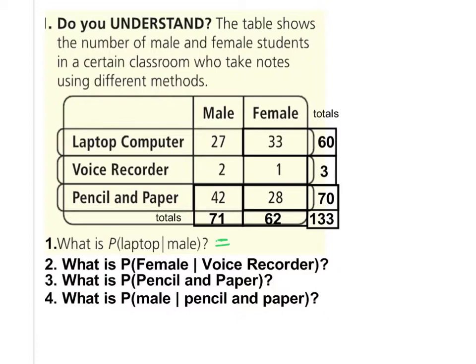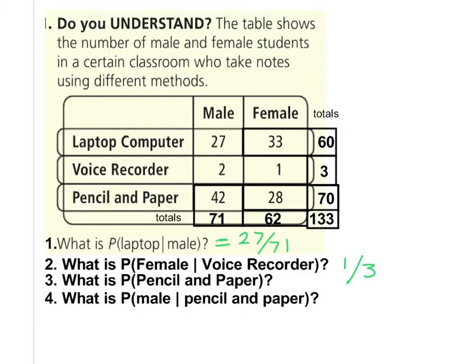So laptop, given that they're male, so we only look at the male column, and so we'd be looking at 27 over 71. And again, I'll let you do the rounding and things just to kind of speed the process along. Probability that they're female, given that they use a voice recorder. Well, there was only 1 female in that row out of 3 total people in that row.